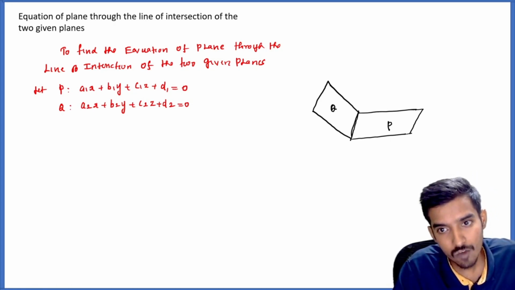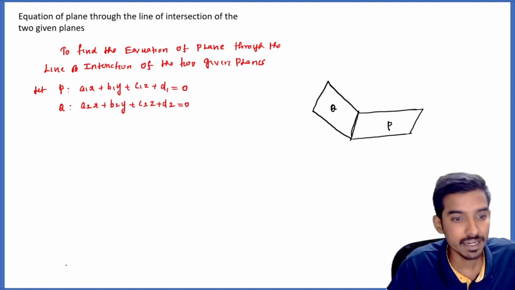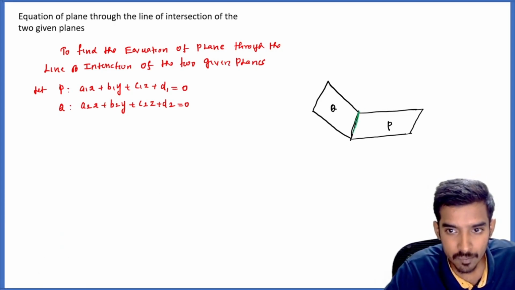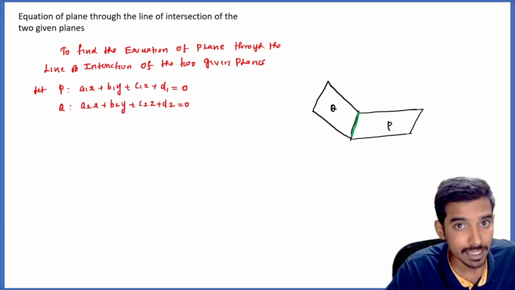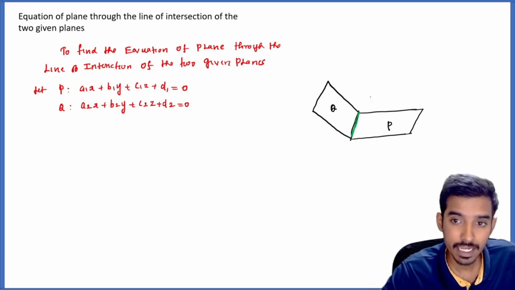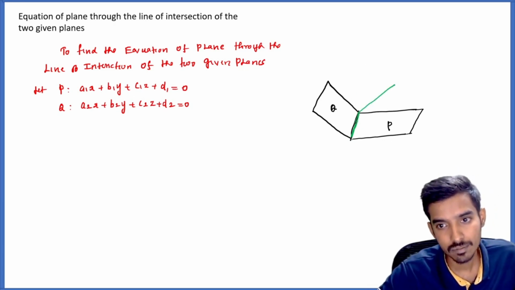This is the line of intersection of the two given planes. You need to find another plane, and that plane should pass through this line. So this is the required plane.